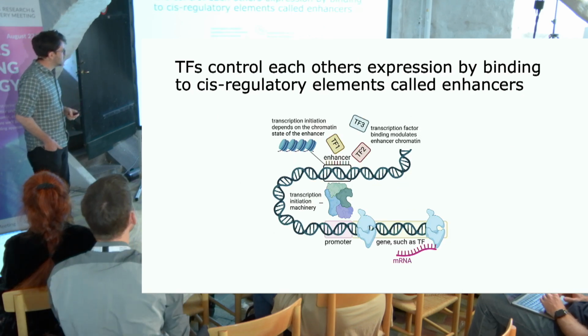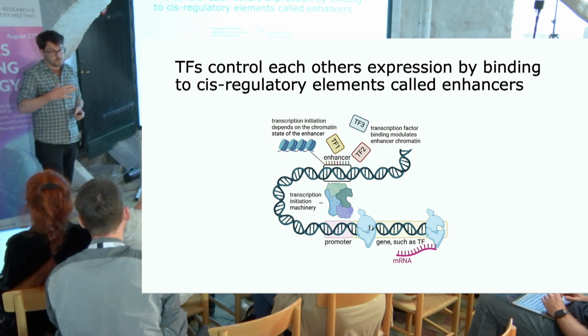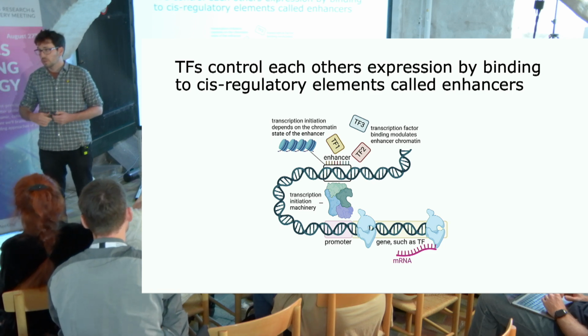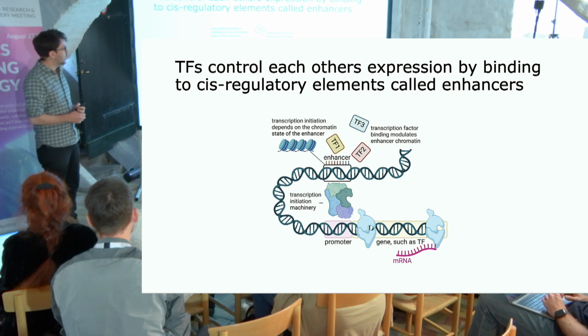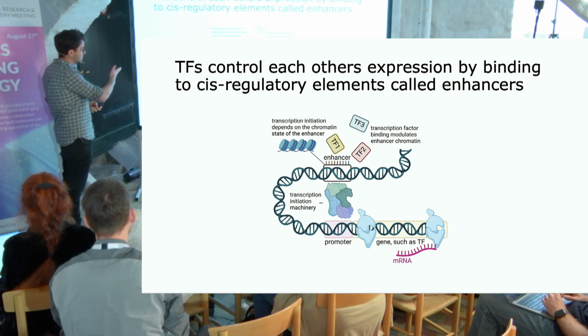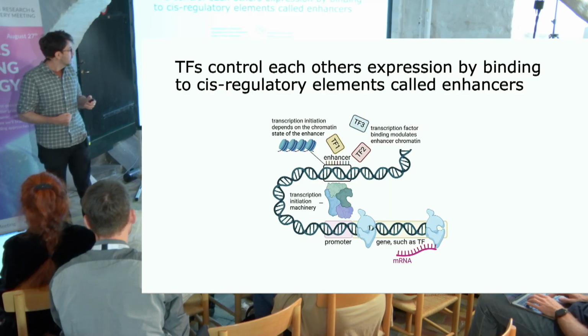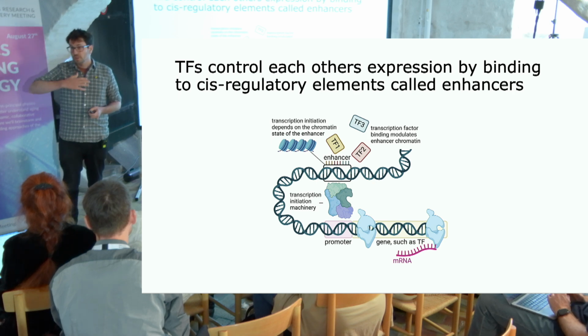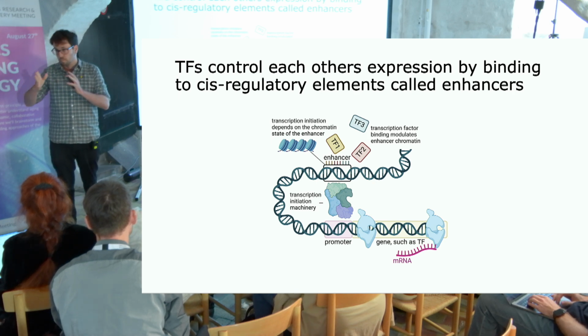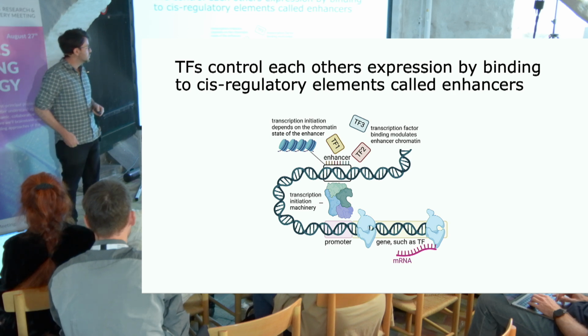Now, the way that transcription factors regulate their own expression happens through binding of cis-regulatory elements called enhancers. Each enhancer can bind many transcription factors, and this can cause the potentiation of expression of one or more genes associated with the enhancer.